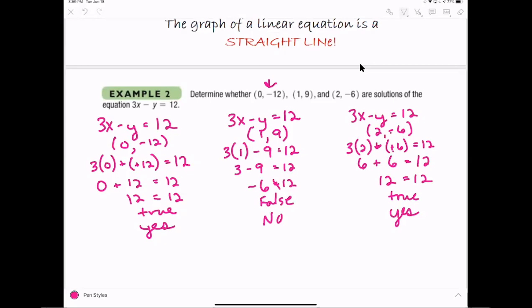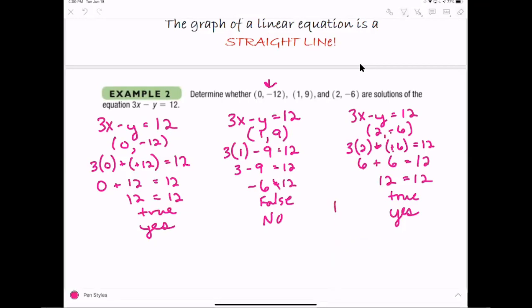So if I had to graph this line, which I'm going to do just to show you, what I would do here is I would come down 1, 2, 3, 4, 5, 6, 7, 8, 9, 10, 11, 12. I ran out of room. Let me erase this and redo this real quick.